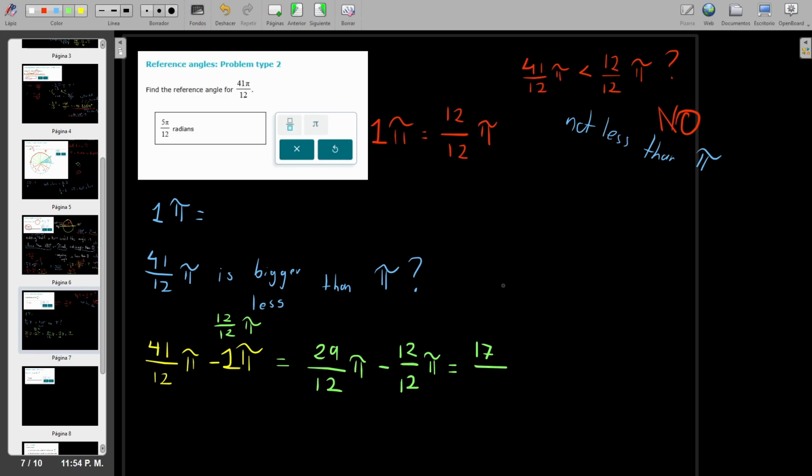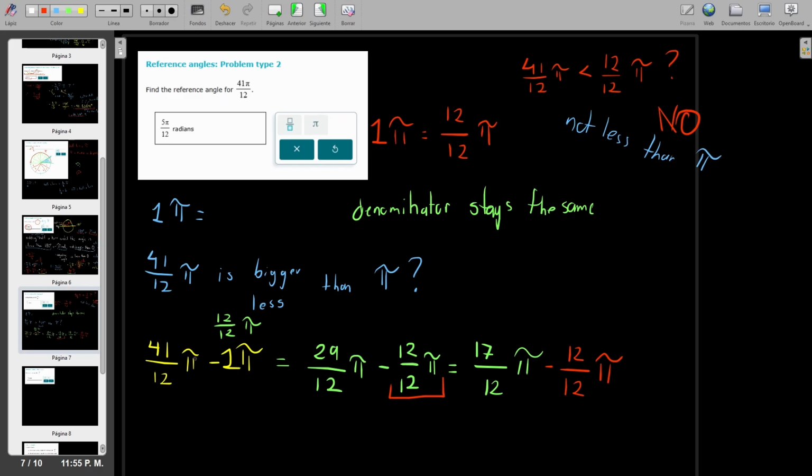The denominator stays the same. So is 17 less than 12? No. So we need to be subtracting another value of 1 pi, so 12 over 12. Remember, we're subtracting 1 pi each time.